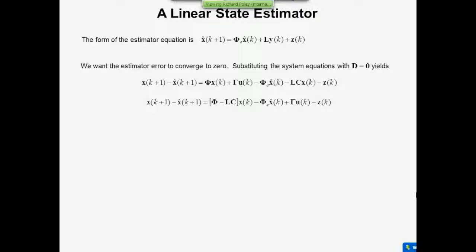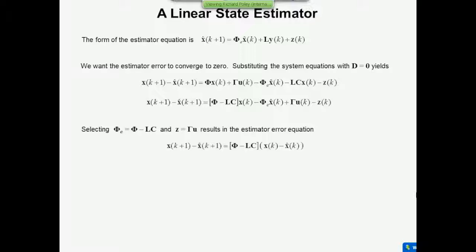See that? The only thing that makes it awkward is we've got a couple of terms hanging off the right-hand side. But that's no problem because we've got the fiddle factor that we can choose to make equal to gamma times u of k, and all our problems go away. So that choice makes x of k plus 1 minus x hat of k plus 1 on the left, and then phi minus LC times the state estimator error on the right. So there's the choice we make for CE and z.